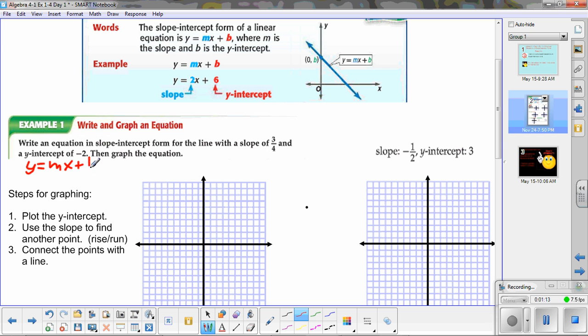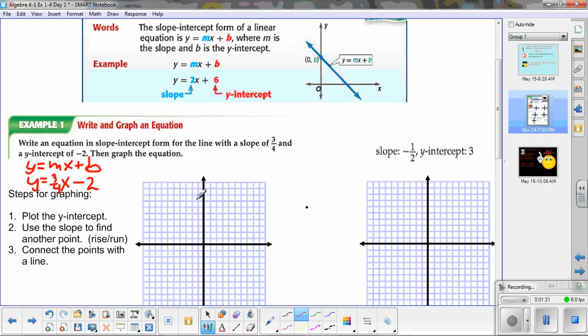We are going to put the slope of 3/4 in the place of m. And then in place of b, since it's -2, we're going to write -2. If it were a +2, we'd write +2.